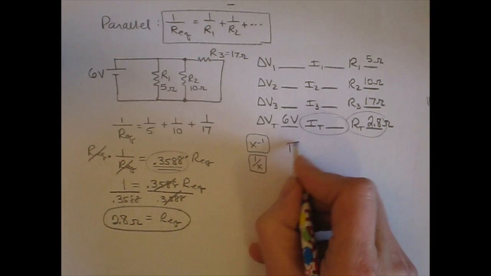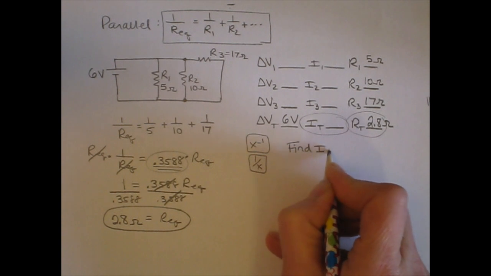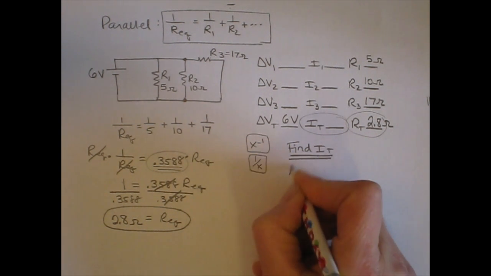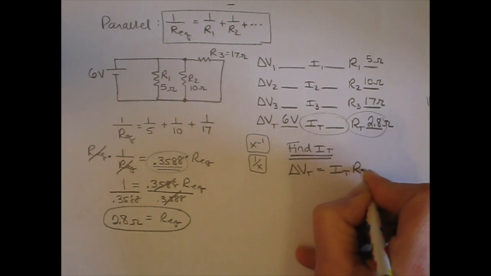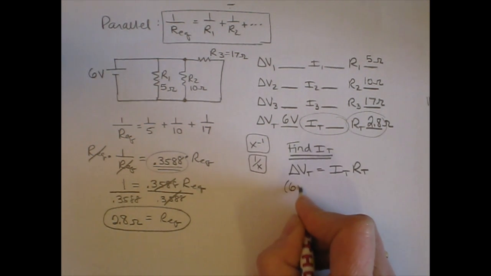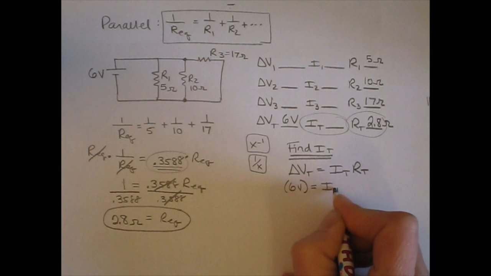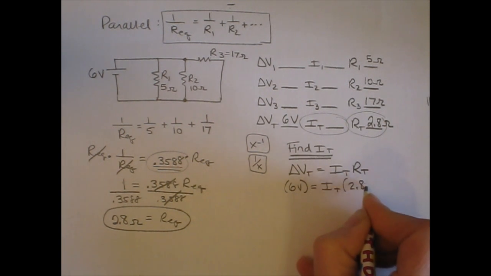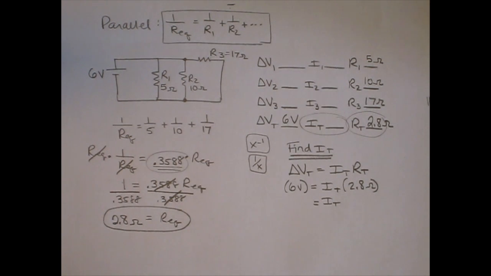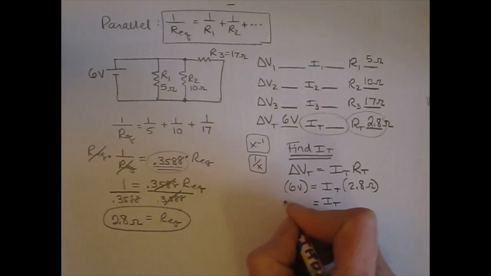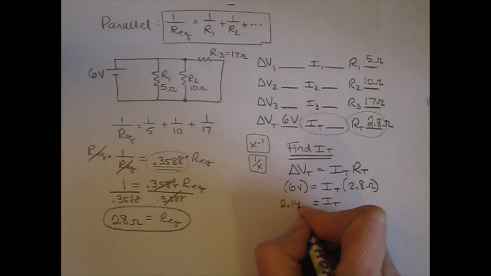So let's find the total flow rate. Pressure difference equals flow rate times resistance. 6 volts equals flow rate times resistance. And the total flow rate is going to come out to be 2.14 amps.